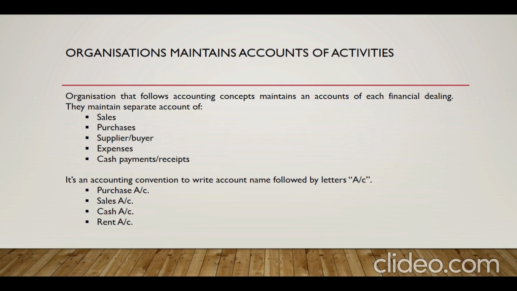And under cash account, I would maintain all the records of cash inflow and cash outflow in my business. Similarly, there could be many accounts depending upon the activities. Suppose we are paying rent, then we maintain its account under the account heading rent account, where we record all the rent payments. So this is how the accounts are done.